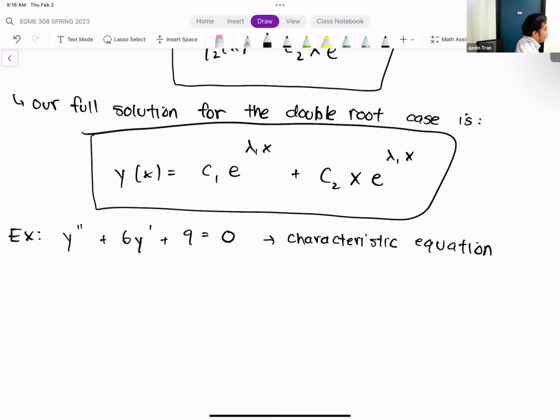The first thing you're going to do when you come to a second order differential equation with constant coefficients is find the characteristic equation. Remember we're replacing each order derivative of y with a lambda, so y double prime becomes lambda squared, plus 6 lambda plus 9.